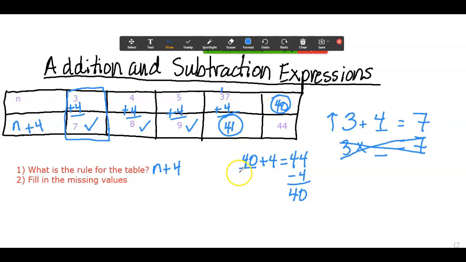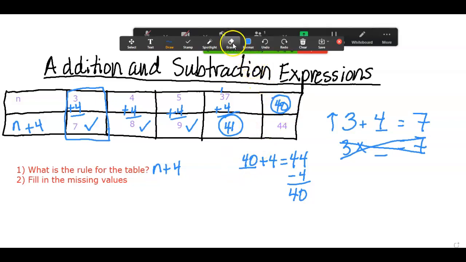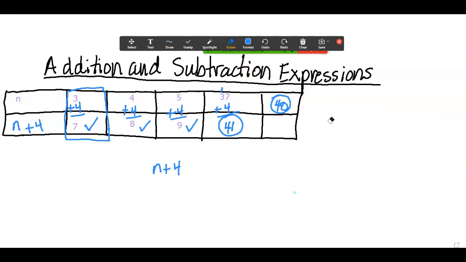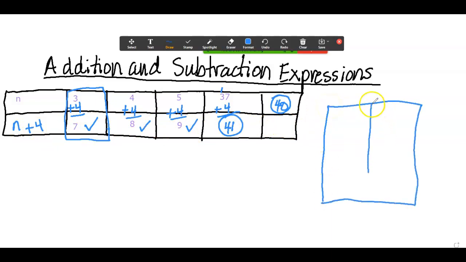So that is what you're going to be doing today with Mrs. Higbee. Now, one thing I do want to point out, we're not going to do another problem, but right now these tables are written horizontally, and a lot of times these tables are written vertically instead. I just want to show that to you, that it means exactly the same thing.